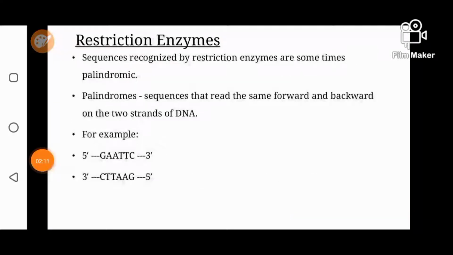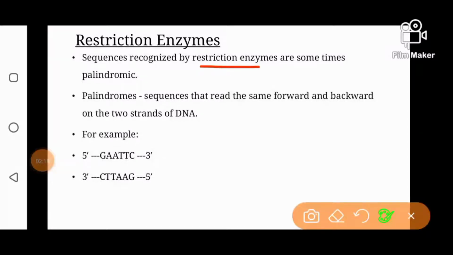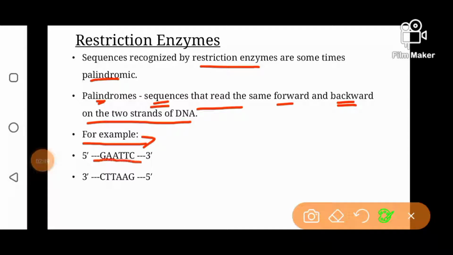The recognition sequences for many restriction enzymes are palindromic. Palindromes or palindromic sequences are sequences that are read the same forward and backward on two complementary DNA strands. For example, this is one DNA strand. If we read the sequence in the 5 to 3 direction, it is GAATTC.